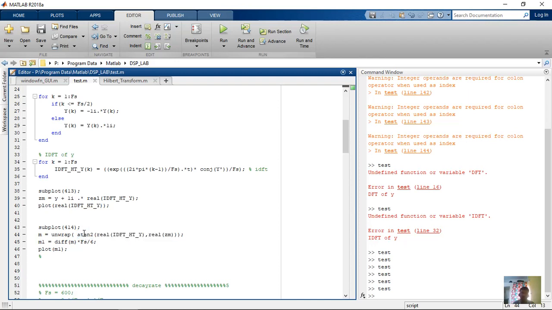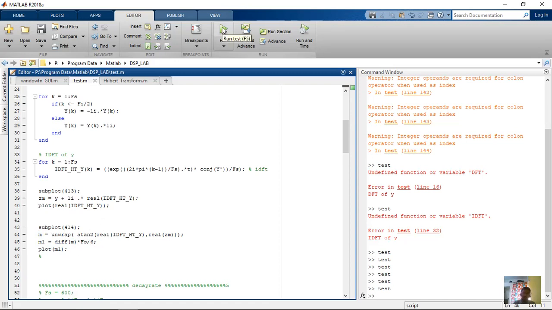So we take tan inverse of y by x, and atan2 needs to be unwrapped. The frequency component we got is in the form of 2 pi fs into t plus some constant, but here we need to find the frequency response, so we differentiate it, and there is some scaling factor happening over here, and then we plot the differentiated value.